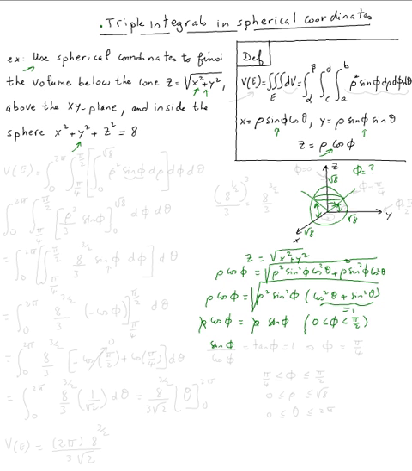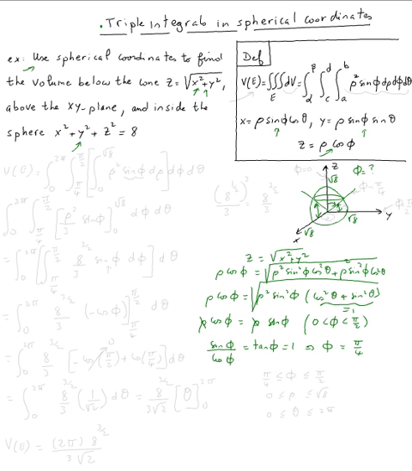You can tell sine phi equals cosine phi when the angle phi is pi over 4, or you can put sine phi divided by cosine phi, which is tangent, and that's supposed to give you 1, which means phi is equal to pi over 4.